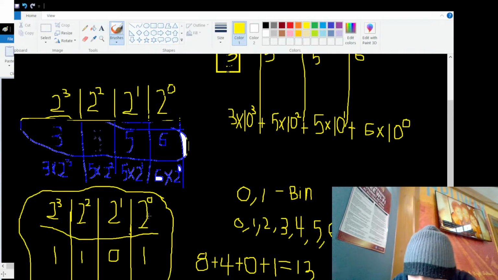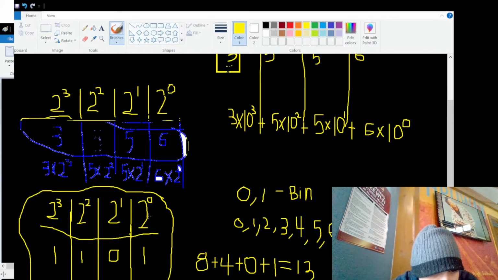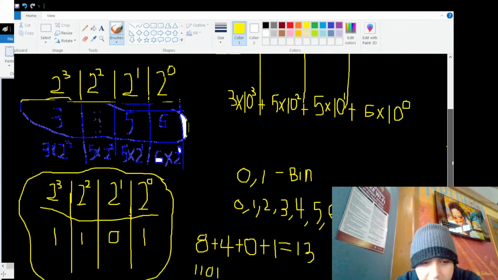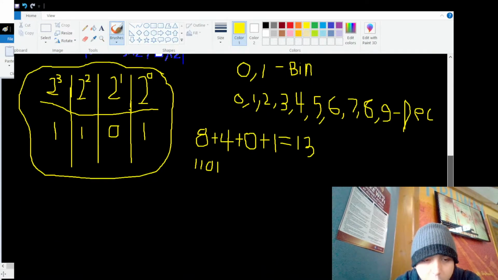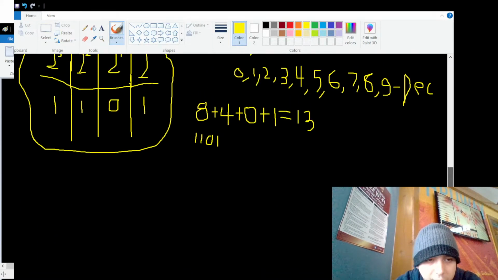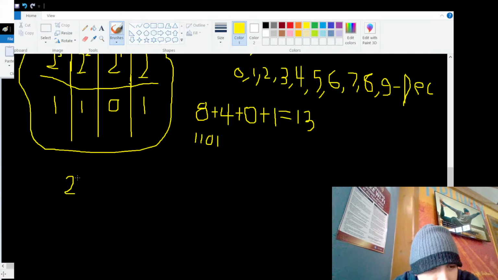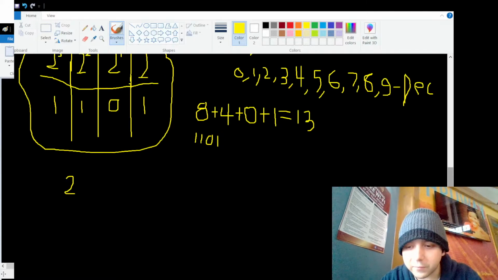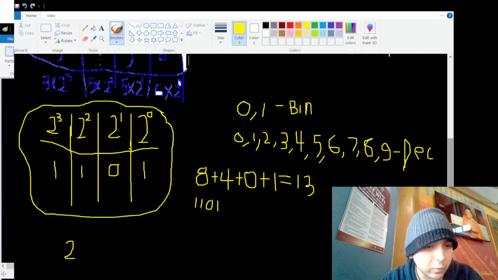But you can take any kind of binary number. So let's just do more of these. Let's start with 2 to the, hold on, let's actually use up to 8. 0, 1, okay, 1, 2, 3, 4.